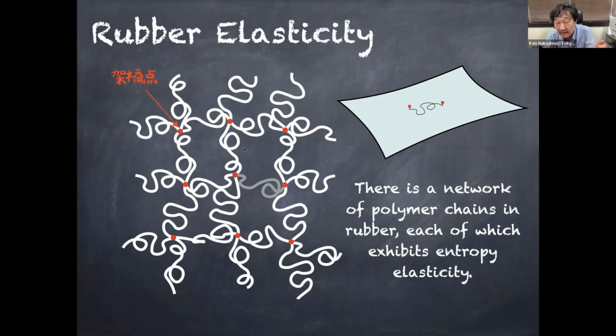Once stretched, it naturally gets back. So a group of such molecules can also exhibit the similar property. That is rubber elasticity. So now I think you have already understood why rubber shrinks. The answer is that each component, I mean the single polymer chain, tends to shrink naturally because of entropy. That is the answer, okay?